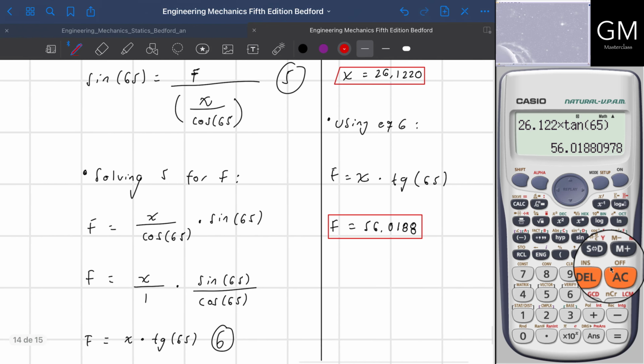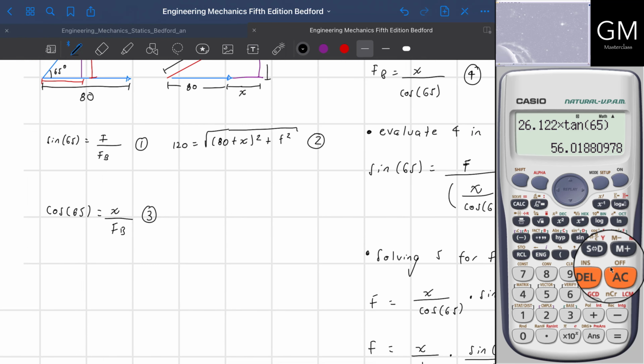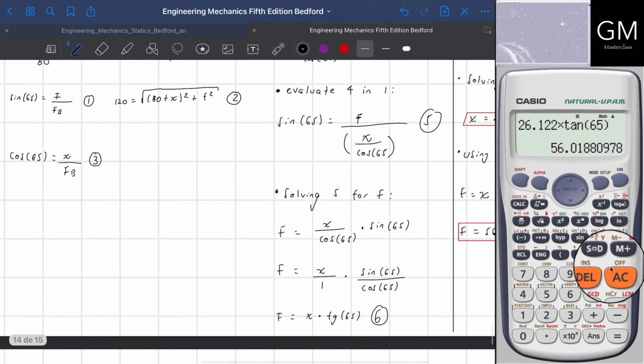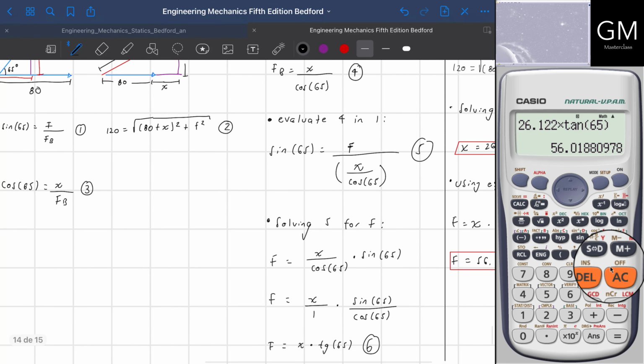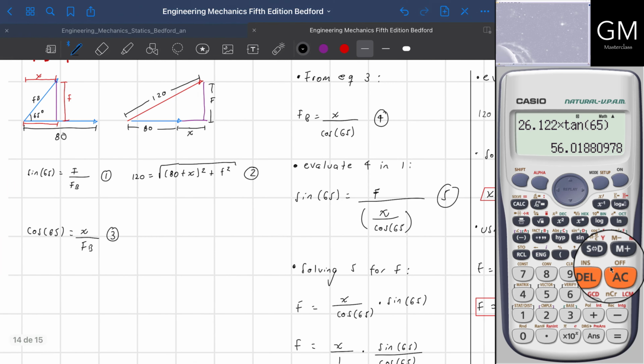And since I have these two values, I think that I can get the value of FB. Well, actually, just with the value of f, I can solve the equation to get the value of b. Because from equation number 3 or number 1, I can use either the value of x or the value of f.